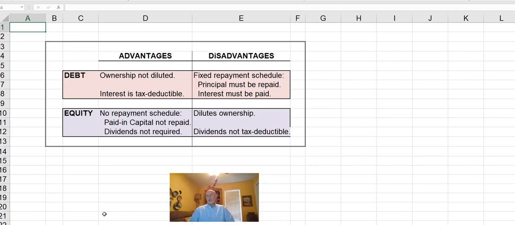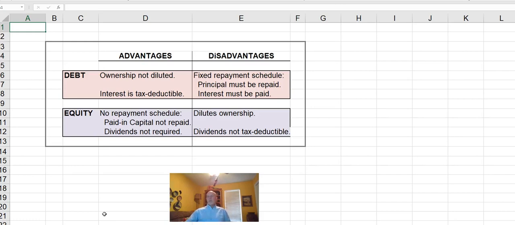So it's important to understand when you're trying to grow your company, and you need money to help you grow, do you want to borrow that money, or do you want to share the ownership of the company? And again, there are pros and cons of each of those.